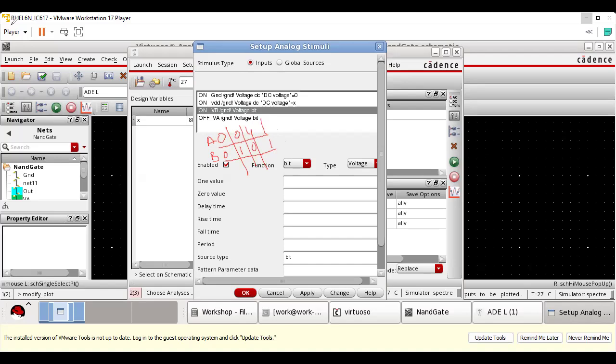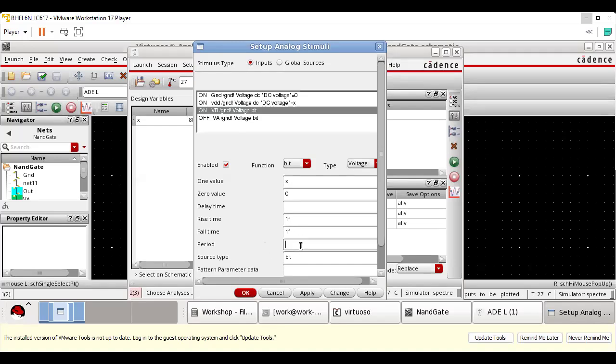So what we will do is, we will say that one will have the value X, means 0.8. 0 means 0 volts. Rise time is 1 femtosecond. Fall time is 1 femtosecond.